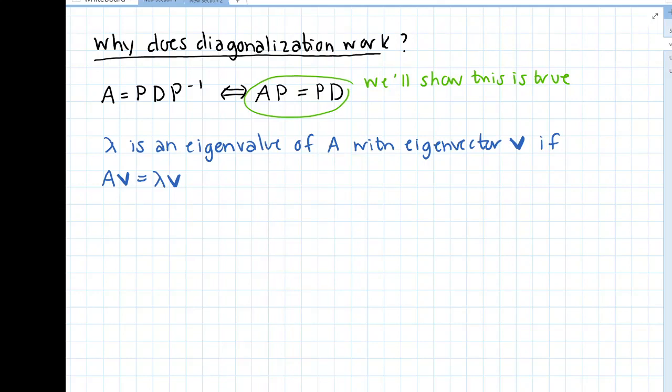We've done so much computation with eigenvalues, and I just hope that you can still go back and remember that that's really what eigenvalues and eigenvectors are. They're vectors that are scaled by a particular amount when you multiply them with the matrix. Okay, so let's keep that in mind.